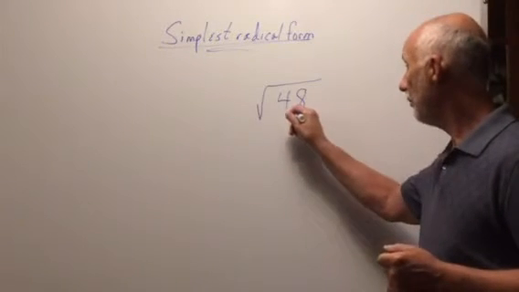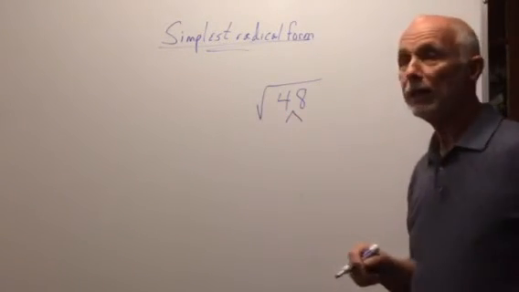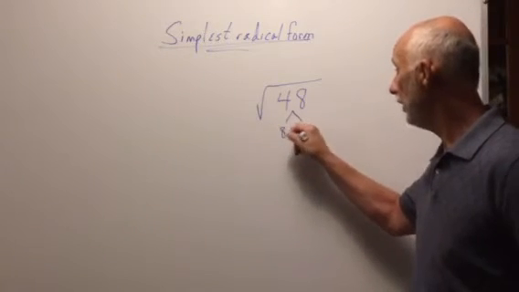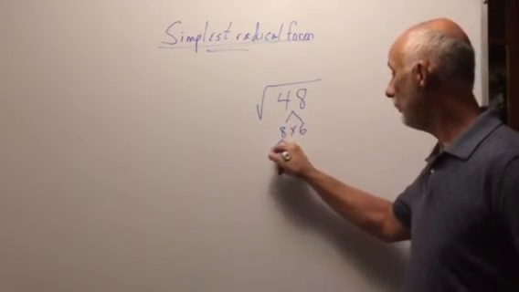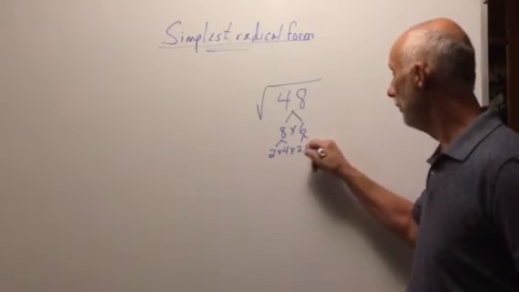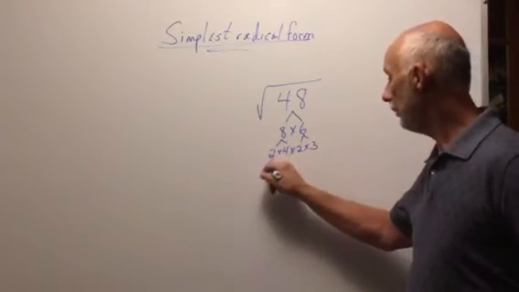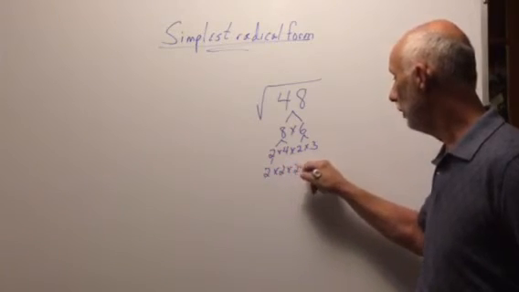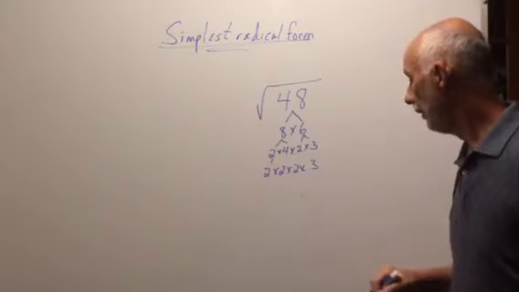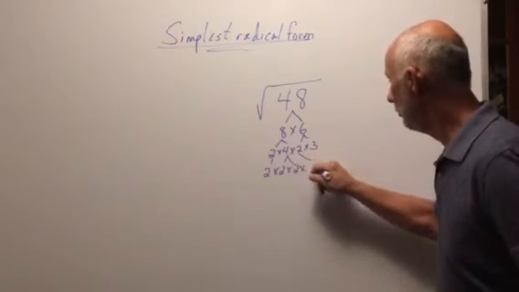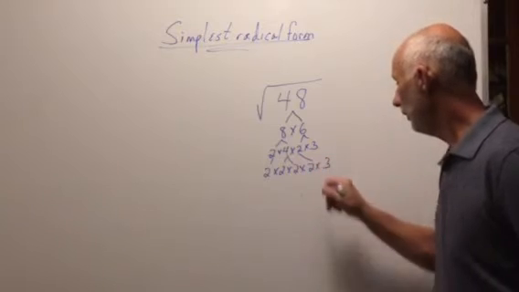And again, I think everybody in here would know that the factor tree for 48, you could break it up into 8 times 6, and you could break that up into 2 times 4 and 2 times 3, and you can break that up into 2 times 2 times 2 times 3.